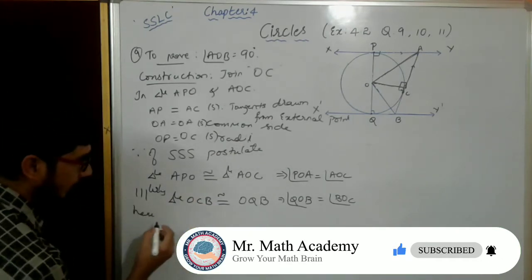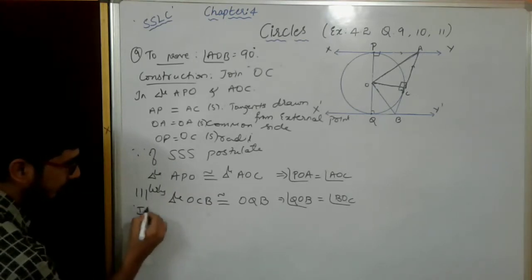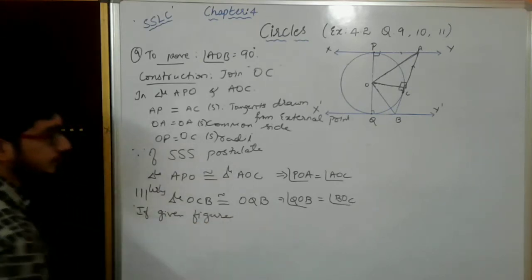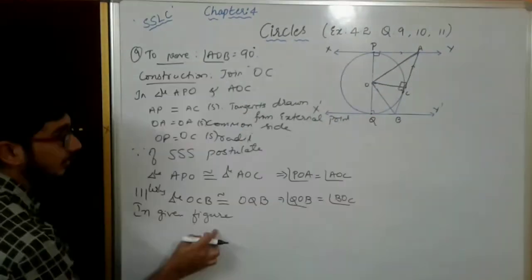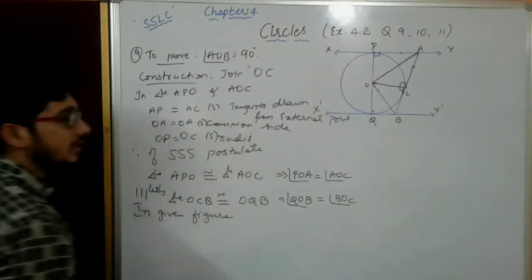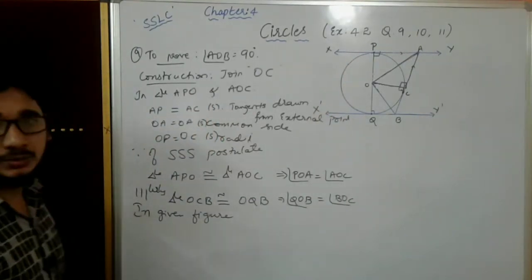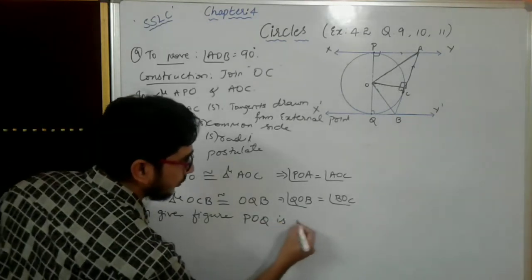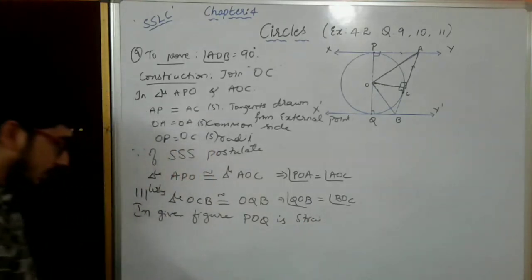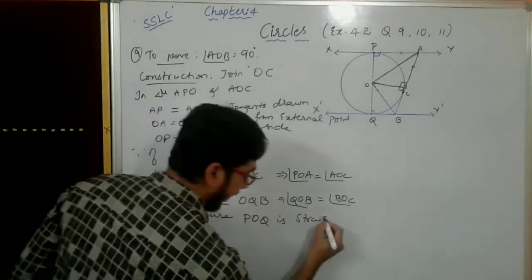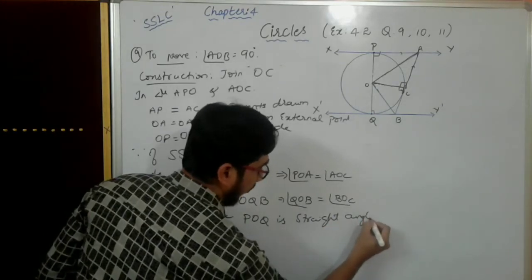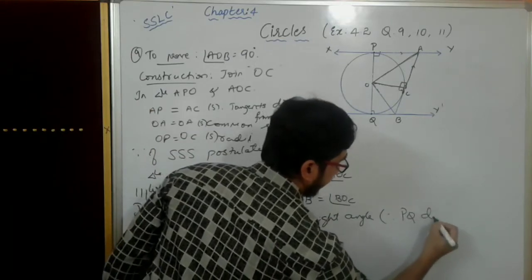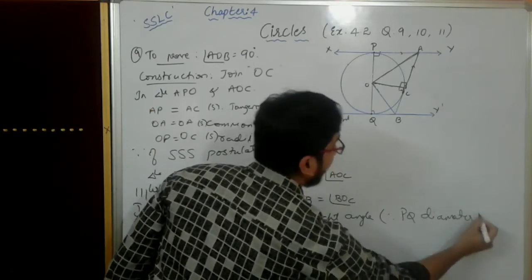Now what will happen here in the given figure? PQ is the diameter. Diameter is nothing but a straight angle. In the given figure, POQ is a straight angle, because PQ is a diameter, a straight line.